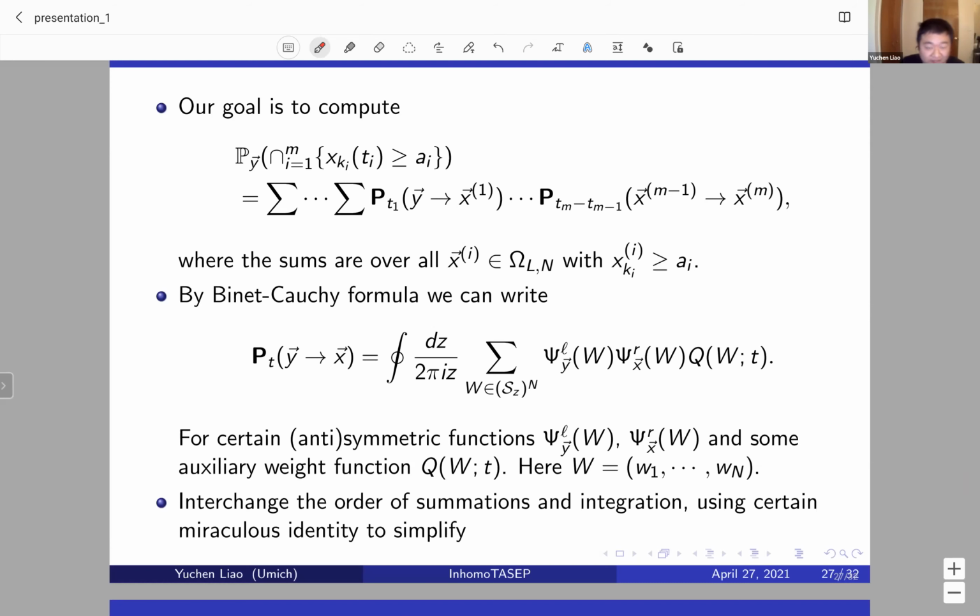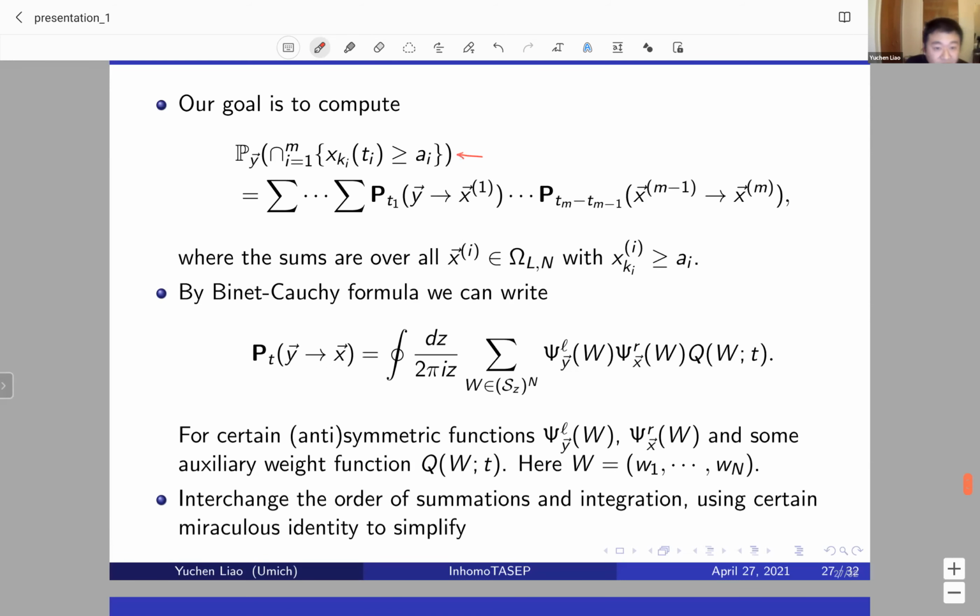I'm interested in this type of multi-time joint distribution, and it's obtained by taking a multiple sum of the transition probability at each time step, where this sum is basically taken over all the possible configurations satisfying the constraint here.